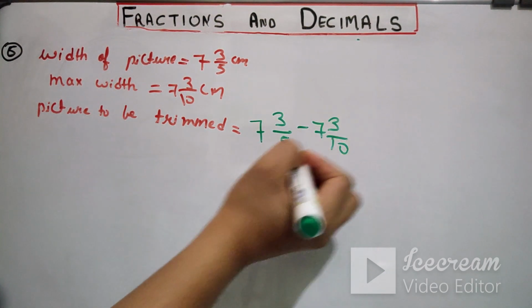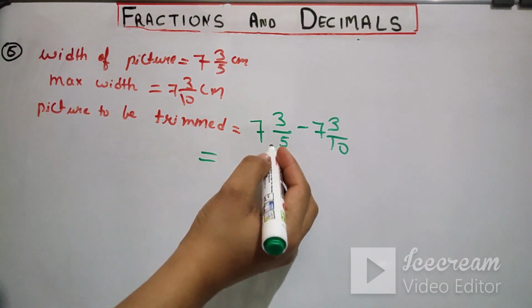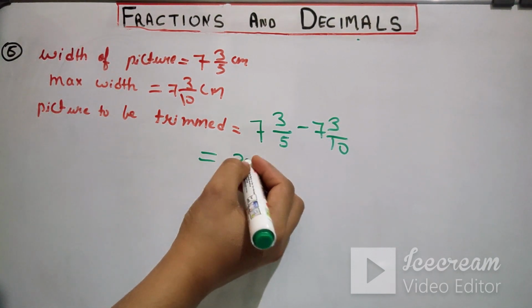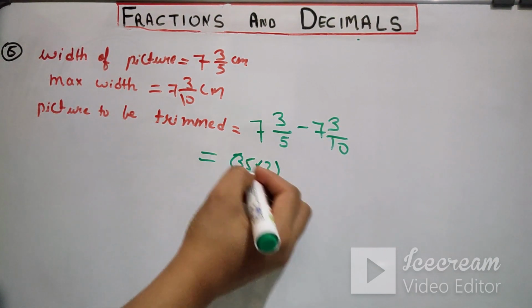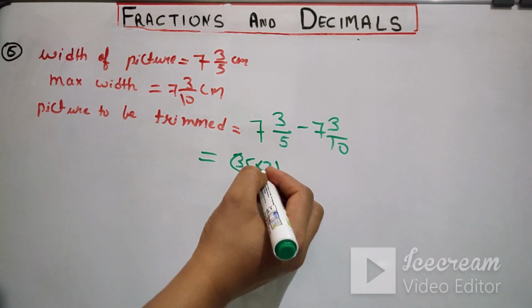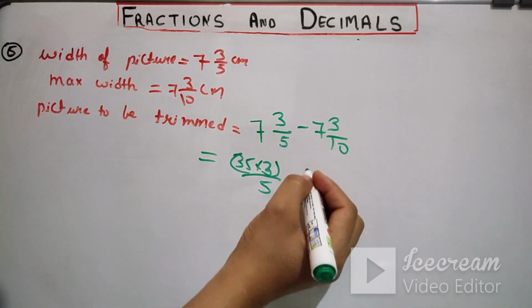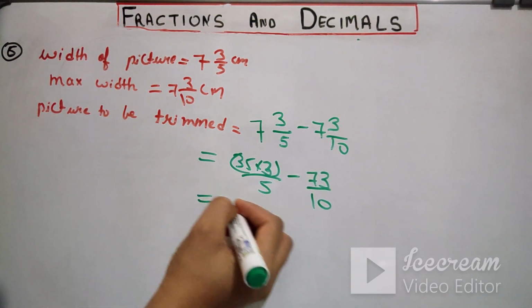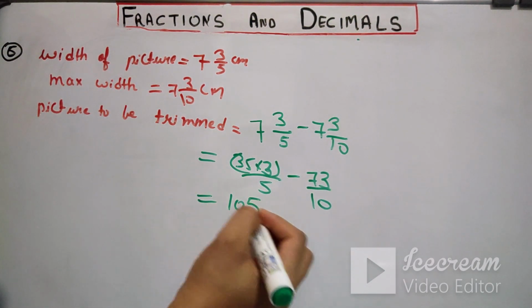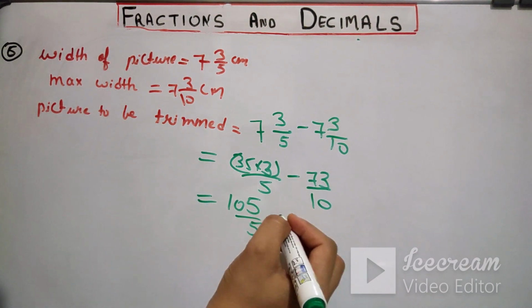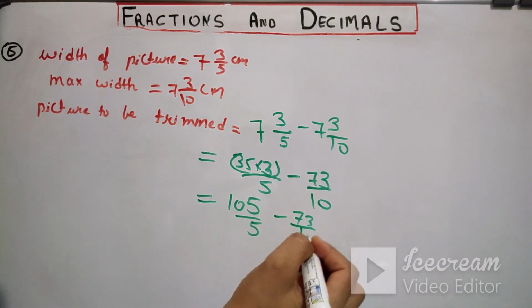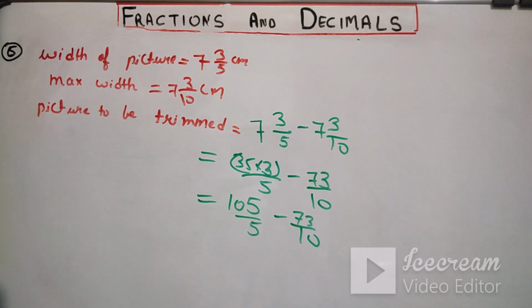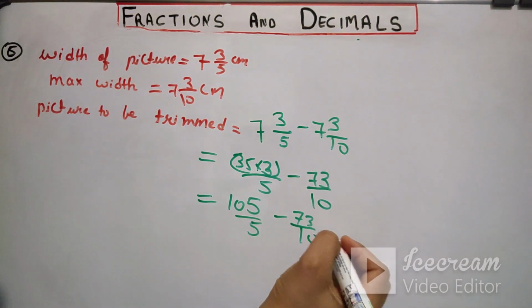So we will simply subtract it this way, and when we will solve 7 into 5 is 35, then we will multiply 35 by 3 upon 5, okay, then 10 into 7 is 70, then plus 3, 73 by 10. Okay, so this is 105 upon 5 minus 73 upon 10. Okay, so now we have to take the LCM.